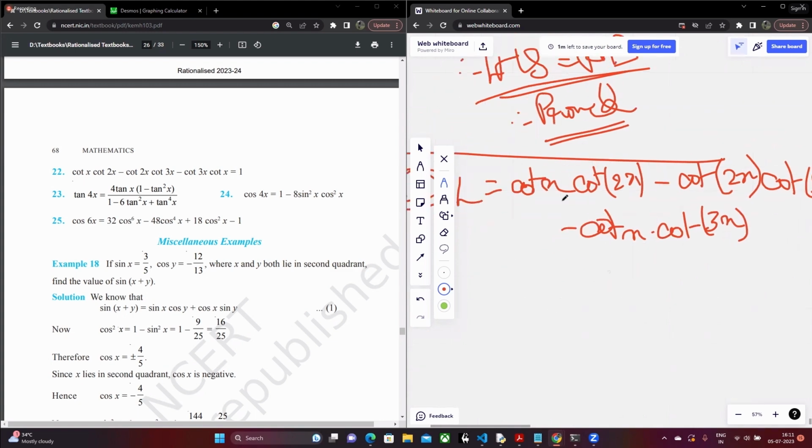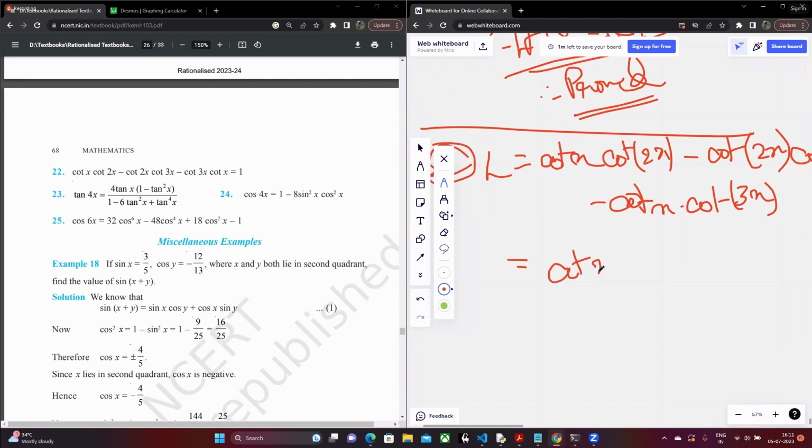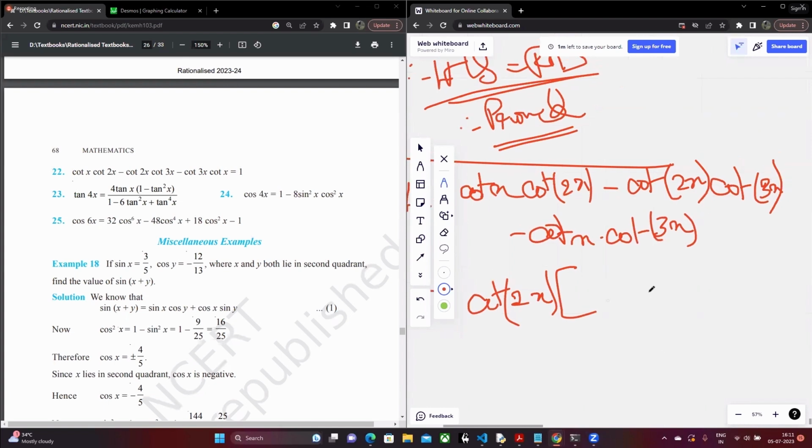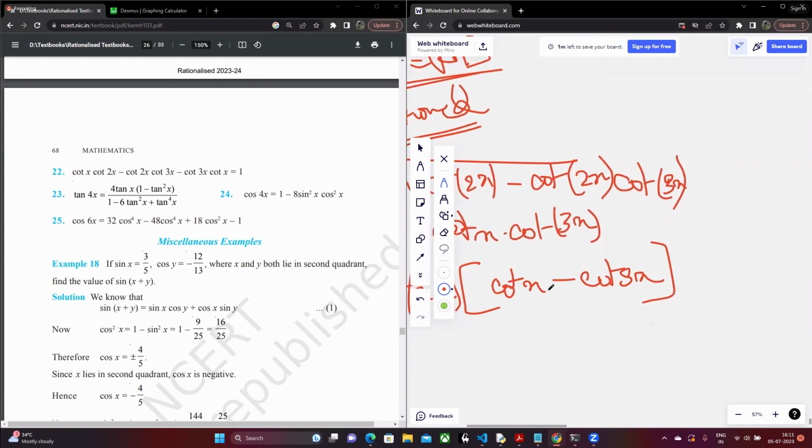Right? In this, I can first take cot 2x common out into cot x minus cot 3x minus cot x cot 3x, right?